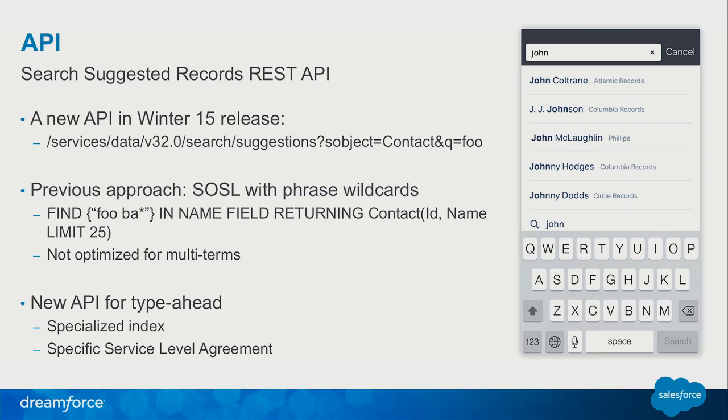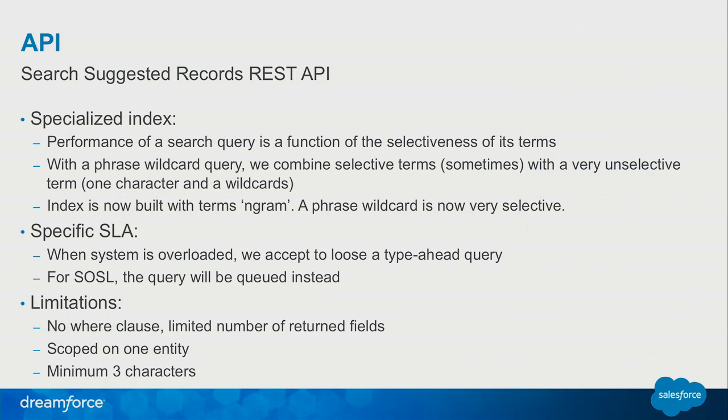So we improved that with Winter 15, and we improved that in two directions. The first one is that we introduced a new specialized index, and the second one, we have a specific service level agreement for this type of query. So I'll dive into that. A specialized index. There is confusion sometimes, so I will clarify here.